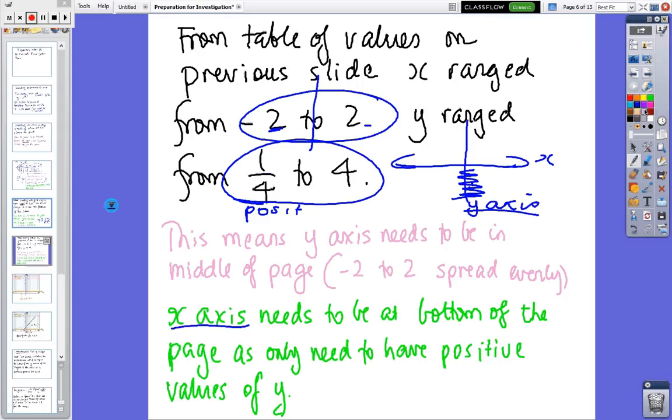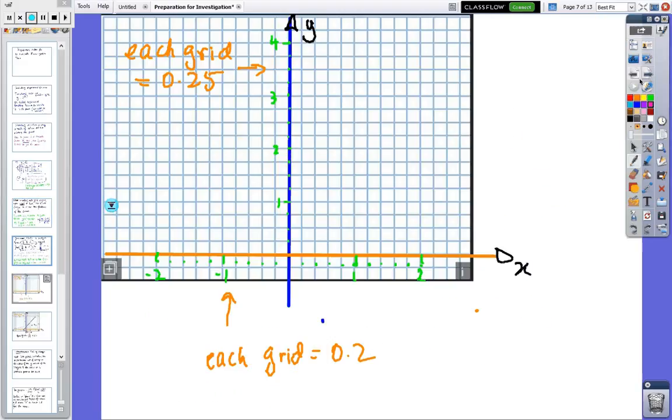So you put the x-axis here because there's no negative numbers, so you can use all the positive values. So look at the values before deciding what your axis is going to be. Okay, so I've got a set of grids, and I didn't put the x-axis right down the bottom of the page, but you could have.